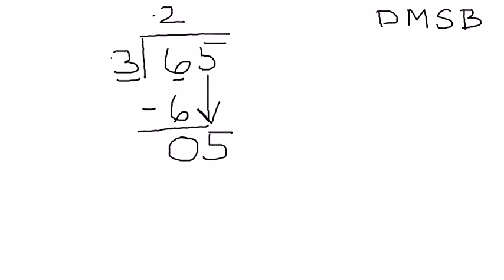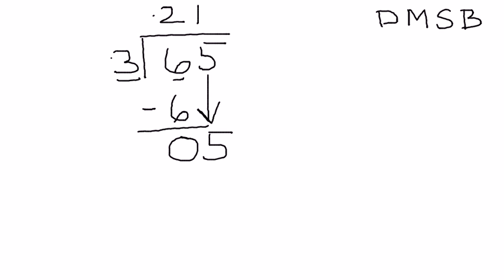Now I'm thinking, can 3 go into 5? Yes, 3 can go into 5, but how many times can 3 go into 5 without going over? It's only once. I can't do 3 times 2 because that would be 6 and that would be too many. So I can only put 3 into 5 one time. So I put my 1 up here, and that's my division part. The next part is multiplication.